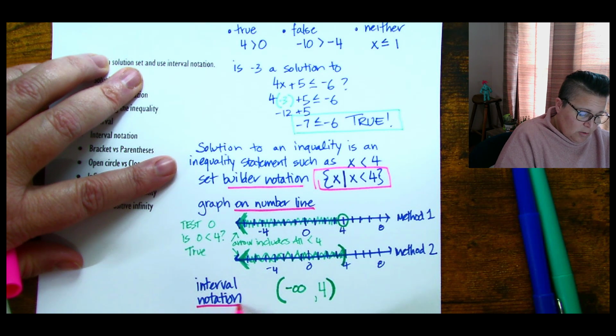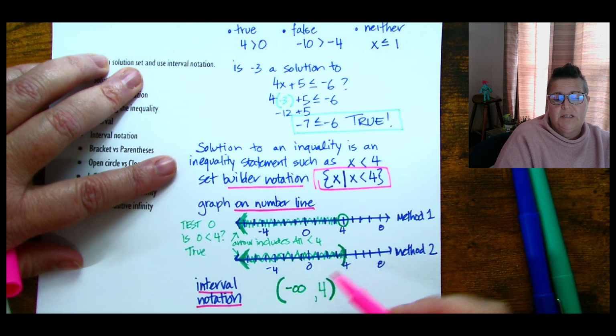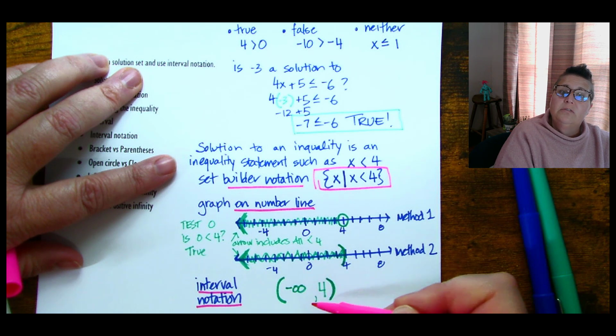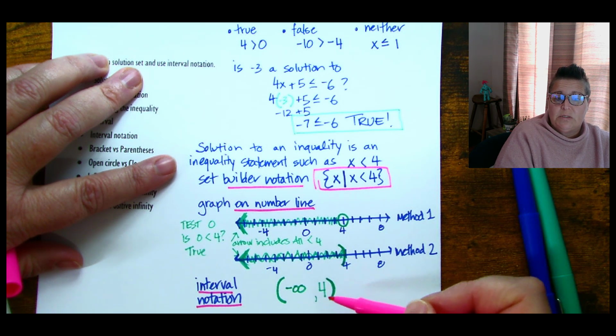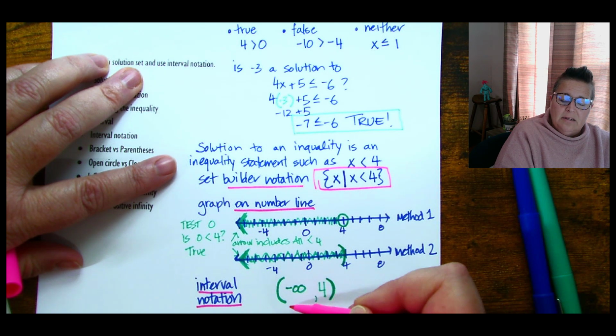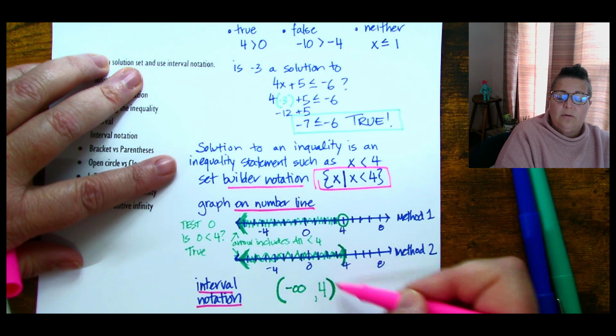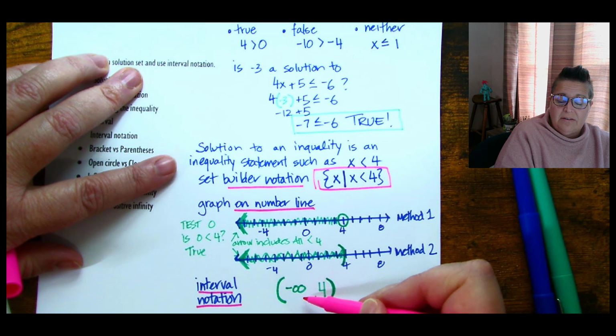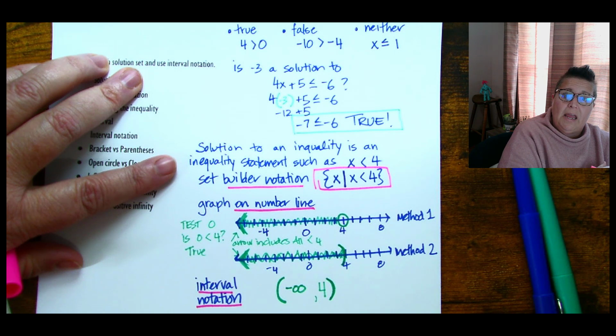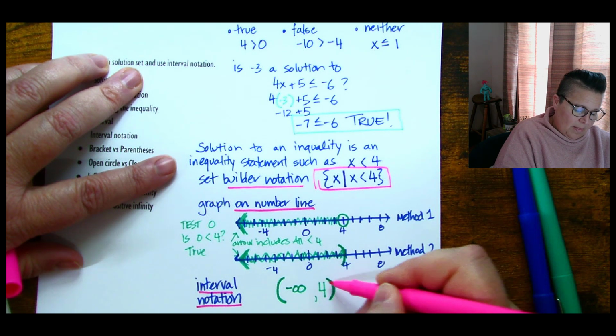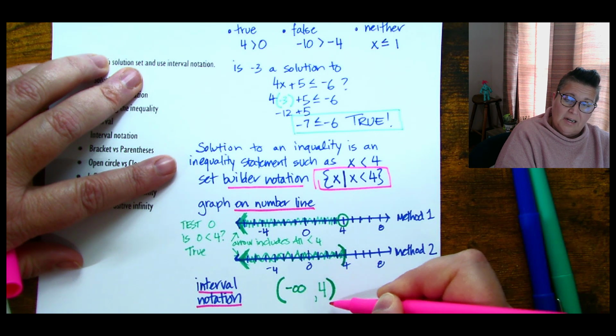And lastly, we have the option of interval notation, which is really short and sweet, but involves you knowing what the different symbols are. That the parentheses mean it wasn't exact. That negative infinity means we're coming way, way, way from some negative number, I don't know where. And that it goes up to 4, but this says it does not include or cannot be equal to 4.